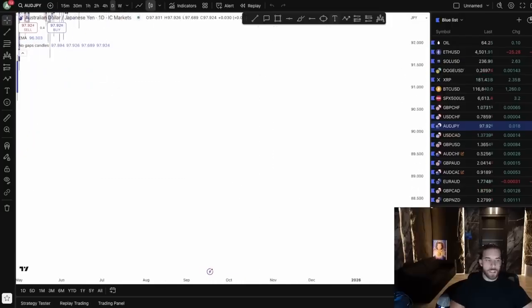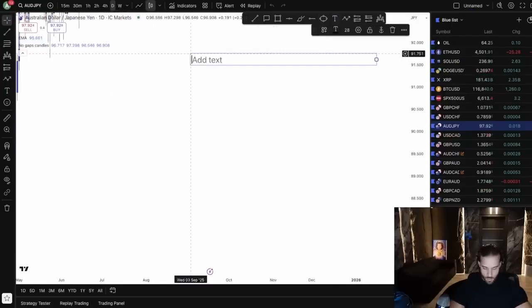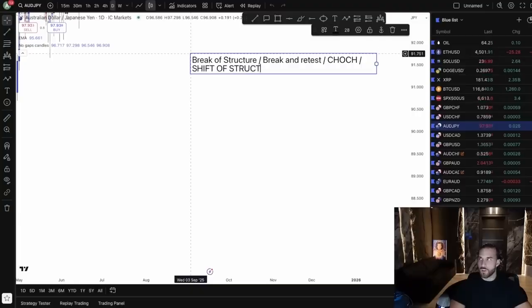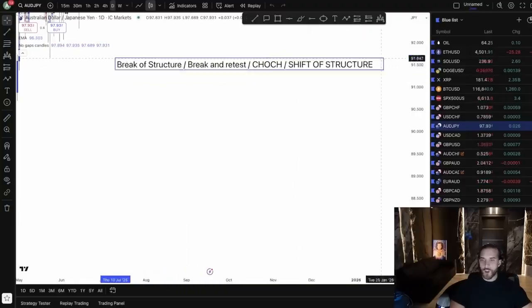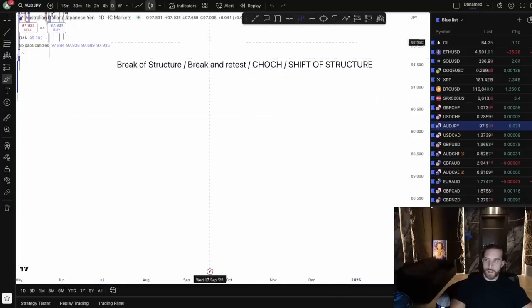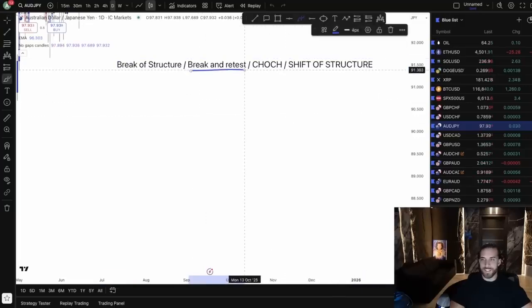And that is going to be break of structure / break and retest / CHoCH / shift of structure. All of this right here is almost the same thing. This one right here is the only one that is different to every single one of these. Break of structure, CHoCH, and shift of structure are all the same thing.